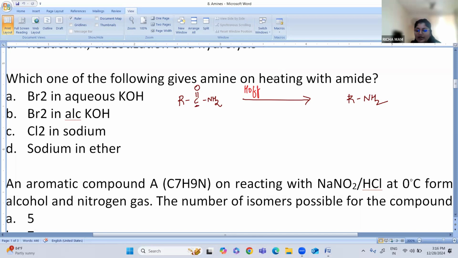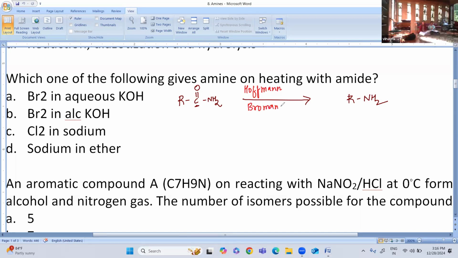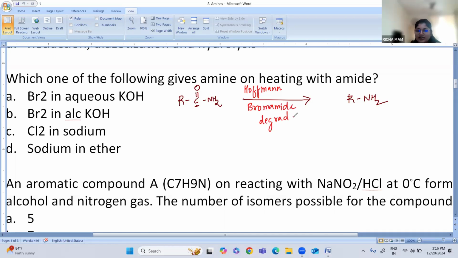Do you know the Hoffmann bromamide degradation reaction? This is a famous reaction. In the Hoffmann degradation reaction, we are converting amides into amines. In the amine, one carbon will be less than in the amide. How do we convert amides into amine?